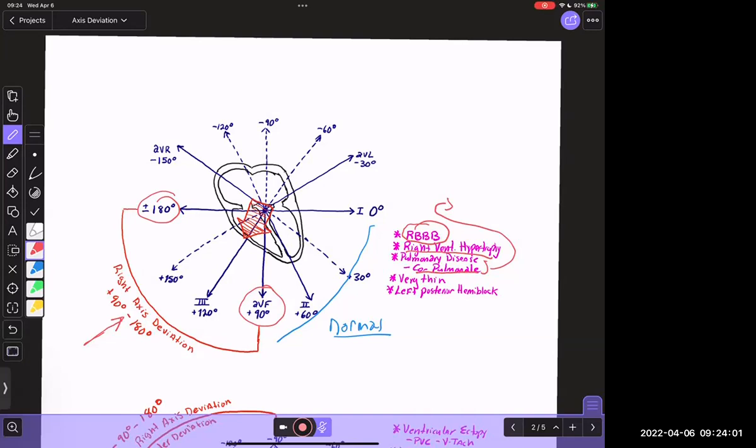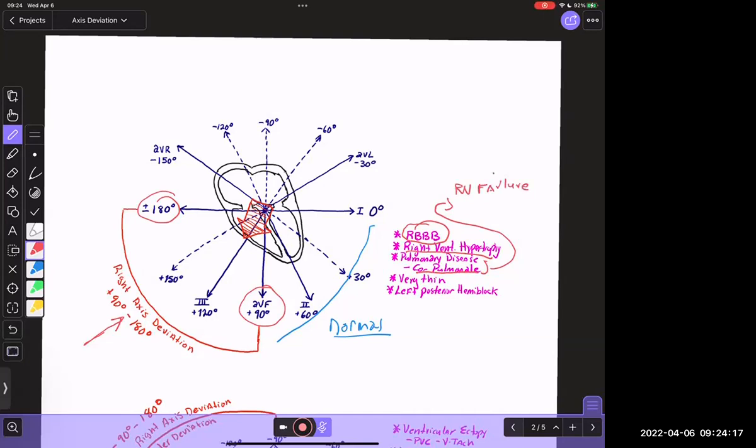And it ties right into right ventricular hypertrophy. Because the right ventricle is working harder than it needs to be. Yeah, it's working harder than it should. And so there's more force required to cause the right side of the heart to contract.